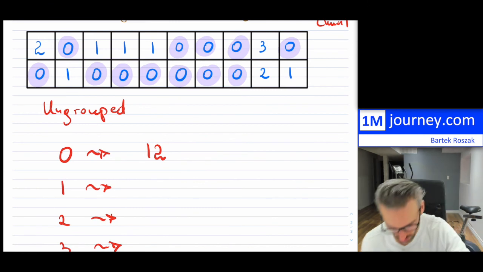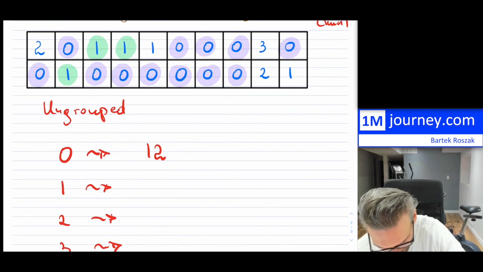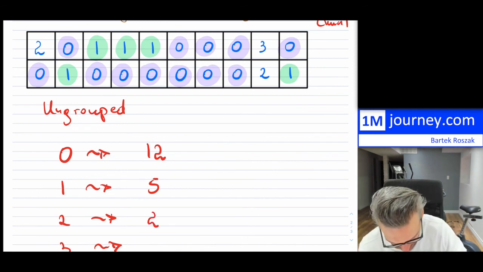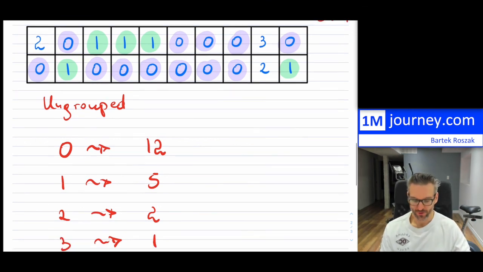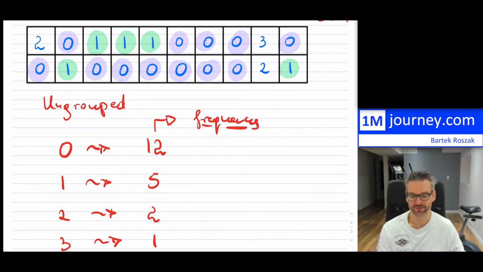Then we do the same for 1 minute: 1, 2, 3, 4, 5, so a frequency of 5. The frequency for 2 is easy to see, and for 3 it is 1. These are the numbers of data points within 0 minutes, 1 minute, 2 minutes, and 3 minutes.